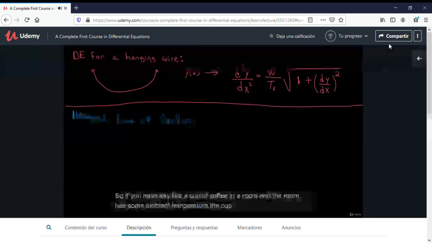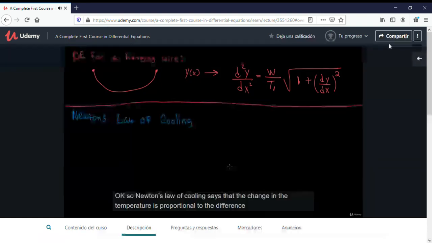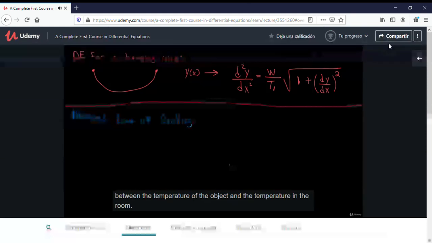Okay, so if you have, say, like a cup of coffee in a room and the room has some ambient temperature, the cup of coffee, if it was hotter than the ambient temperature, it's going to cool down and eventually reach the ambient temperature. Okay, so Newton's law of cooling says that the change in the temperature is proportional to the difference between the temperature of the object and the temperature in the room.